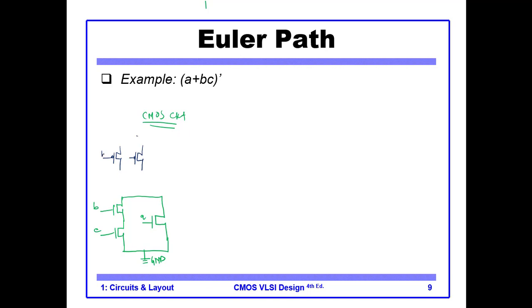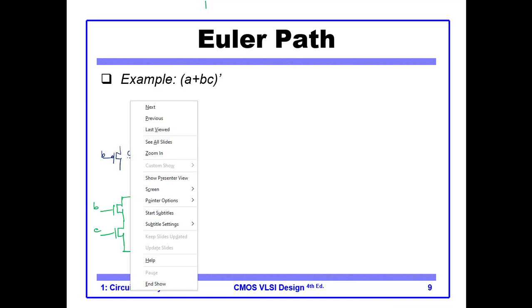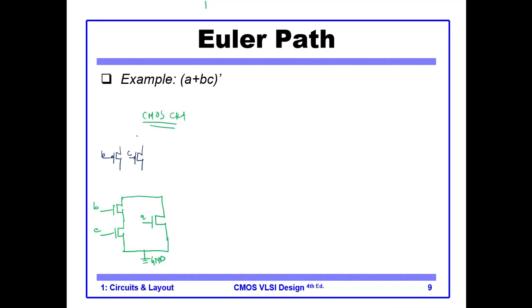This is my B, this is my C. They are in parallel, and we have the last PMOS in series with B and C, and from here we take our output, let's say Y.